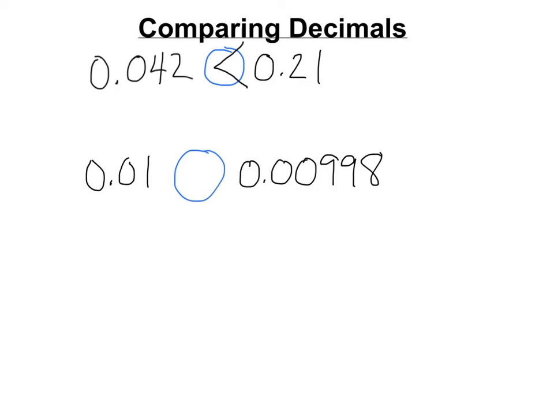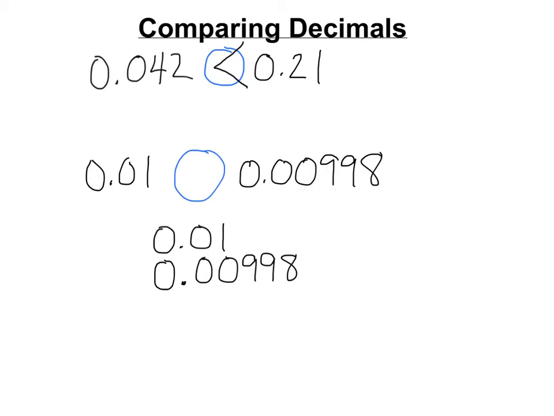One thing you can do is actually line up your place values. So underneath here, I'm going to actually line these place values up. So 0.01, and then below that, 0.000998. Now obviously we can see that we've got a lot of empty places here. So what I'm going to do is I'm going to unreduce that decimal. In other words, I'm going to take some of those invisible zeros and write them in.